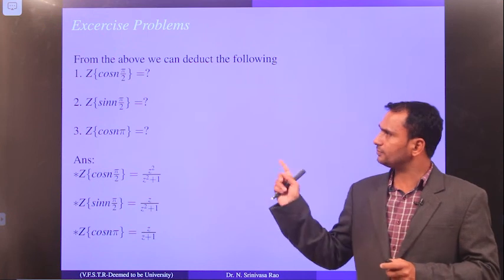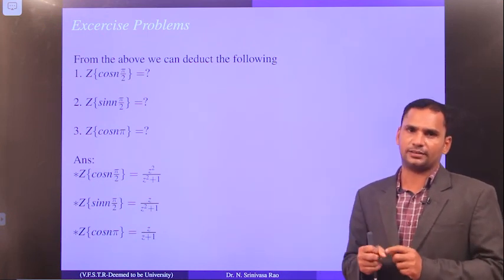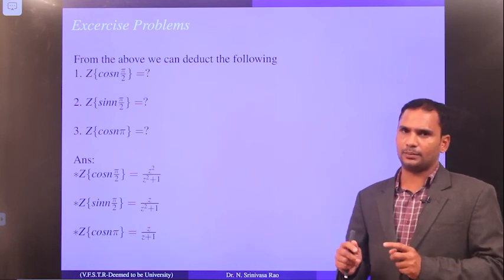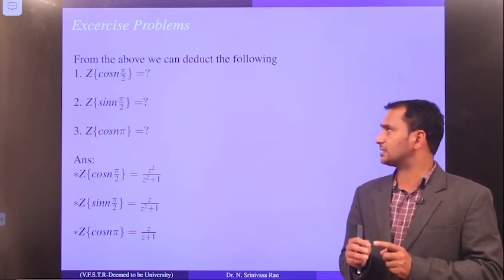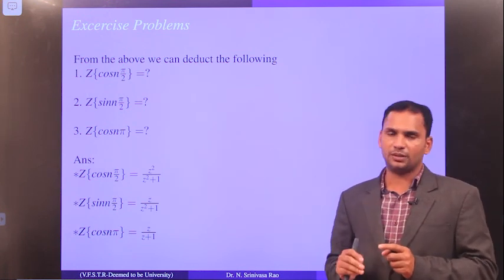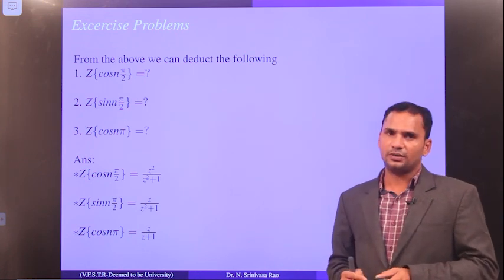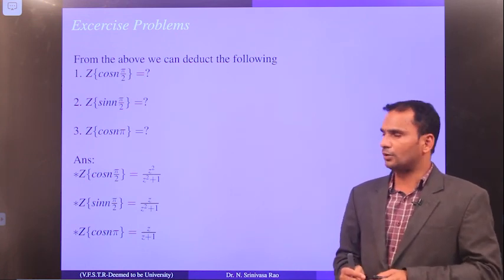Another important example is the Z transform of 1 by n factorial, and the Z transform of 1 by n. Then we discussed the Z transform of sin n theta and cos n theta.